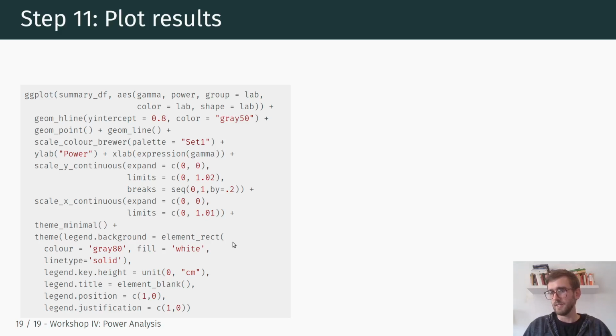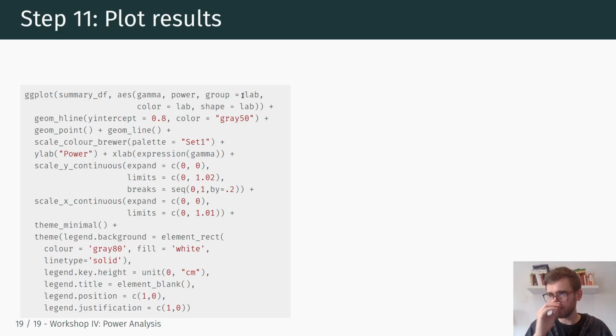Okay. And the last step, step 11, we plot our results. All we have to do is create a ggplot call with our summary df data frame. Our aesthetics are as follows. We have gamma on the x-axis, that's the varying parameter that we looked at. We have our power on the y-axis.